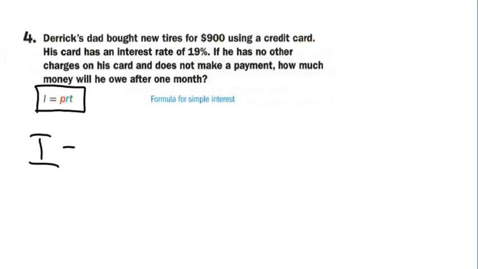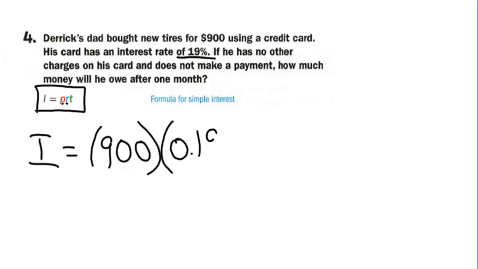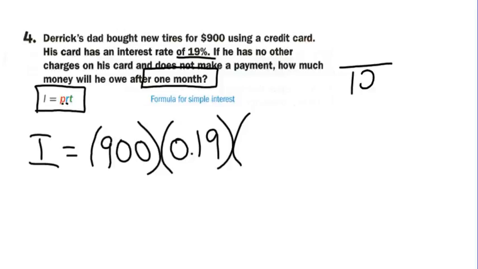Interest equals your principal, which we said is $900, easy part, times your interest rate, which is 19%, turn it into a decimal, 0.19, and then the last piece is the amount of time, and we said 1 month in this problem. Well, how do we write 1 month as a year? Well, a year is 12 months, and we're looking at 1 out of those 12 months, so it's times 1/12.